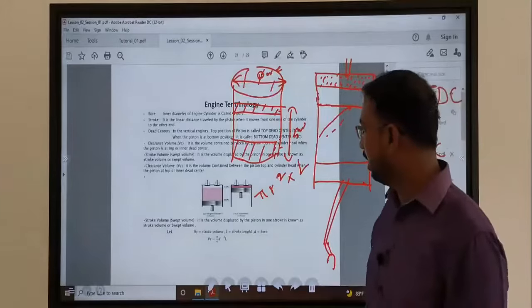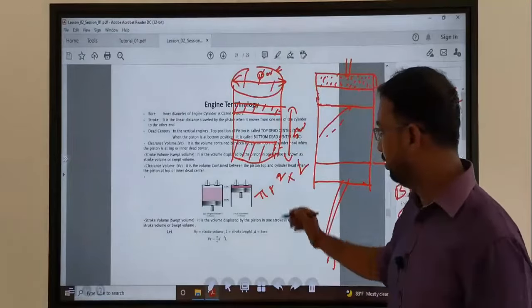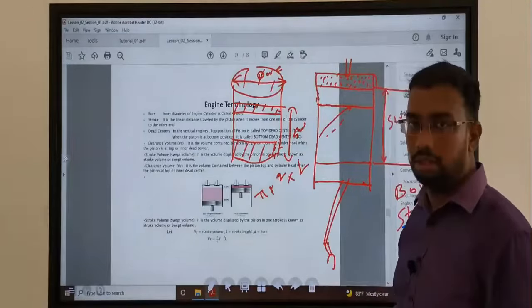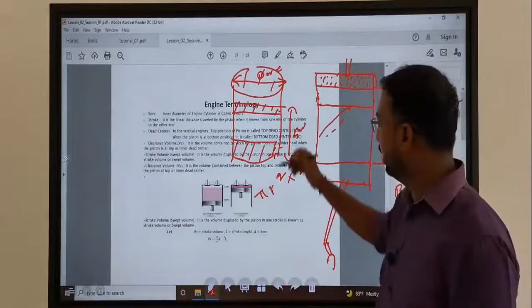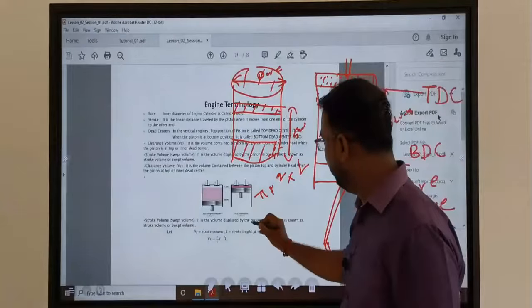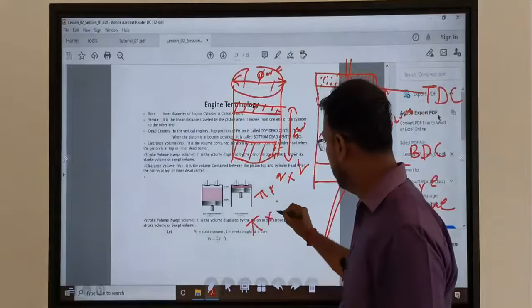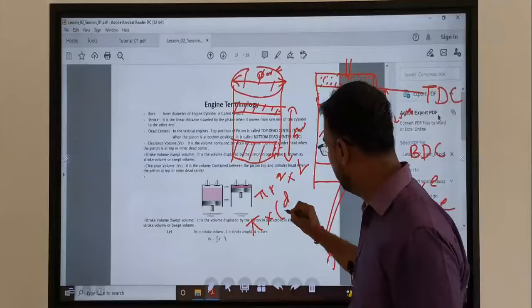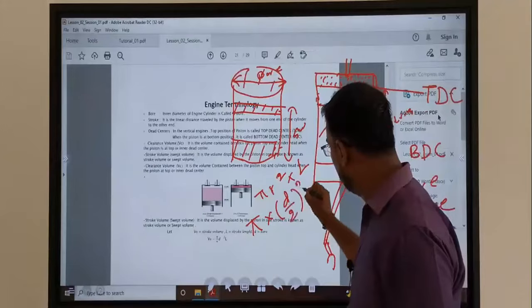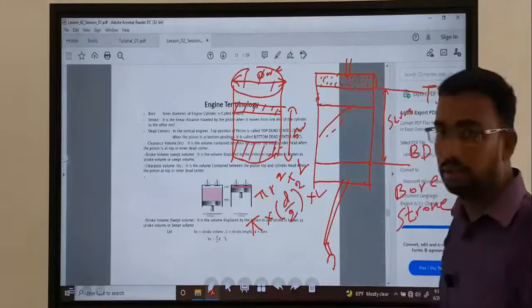We can change the radius to the diameter D. Instead of R we use D by 2, times L. Why D by 2?